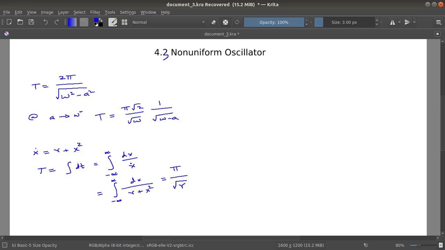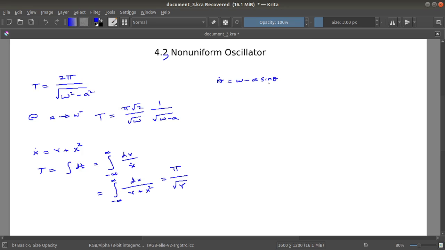Here we have omega minus a, but here we have root of r. So what does this r represent in this system? For that, we have to write the function we are dealing with, theta dot equal to omega minus a sine theta, in a normal form.